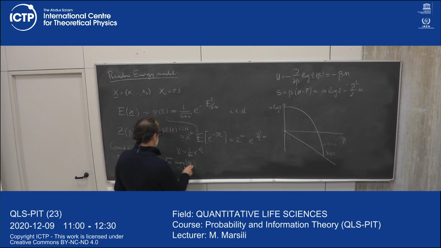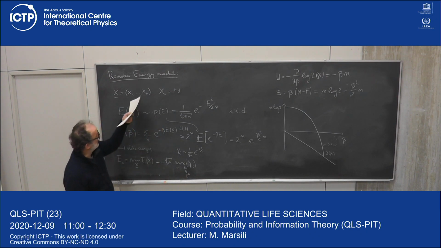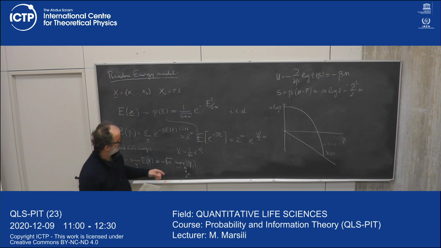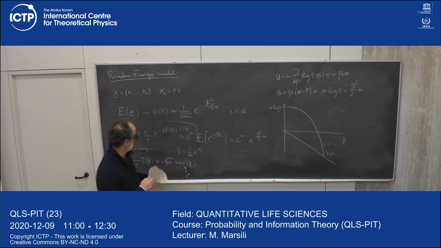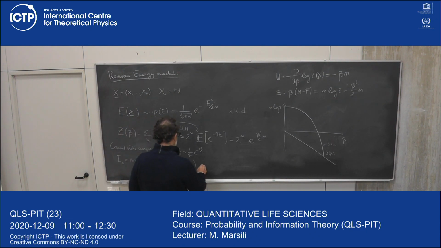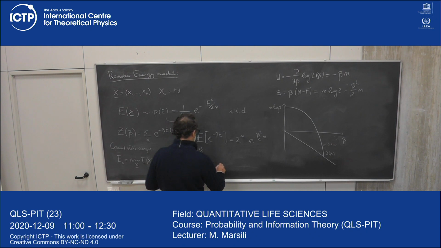We have done this calculation previously. What we have seen, and here this N is equal to 2 to the n, the number of configurations of the system, is that to leading order, we can say that this will be equal to minus square root n, and the maximum will be of the order of this AN, plus there will be smaller terms.